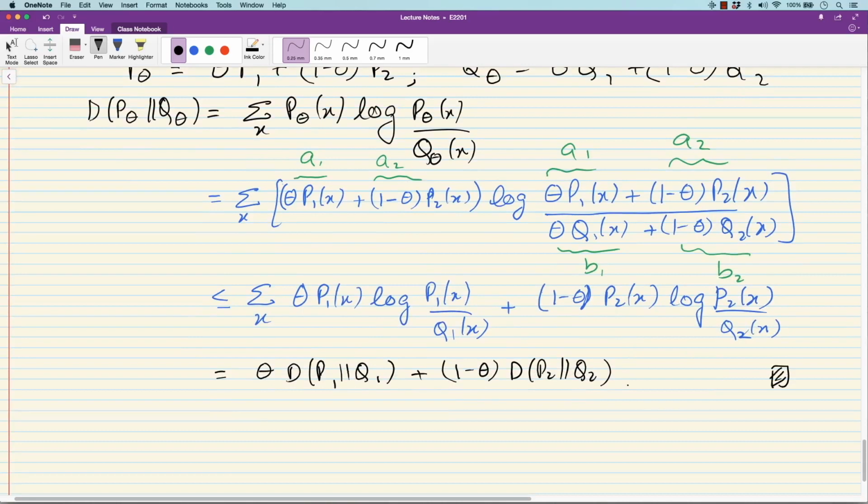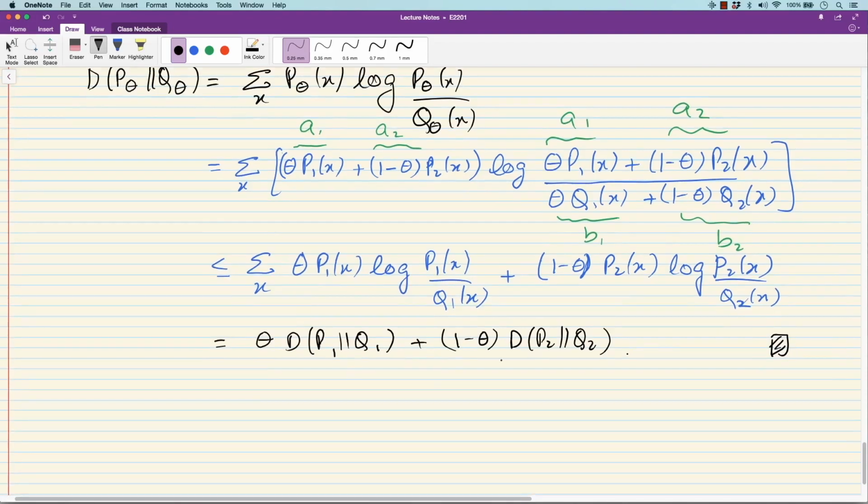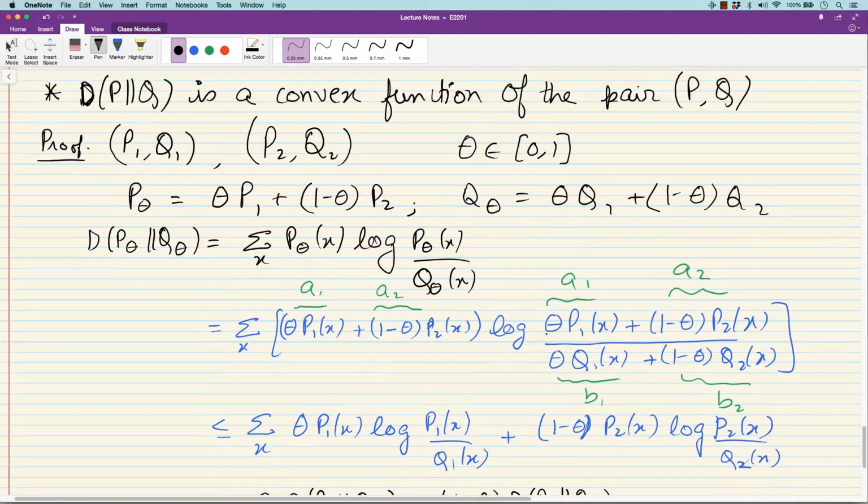This convexity in the pair itself is a very strong property. So the value at the average is less than the average of values, so it is indeed convex, and it's a strong property, and we can derive other properties out of it.